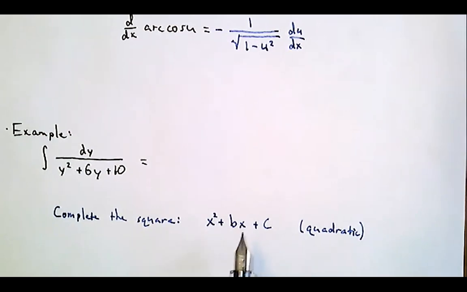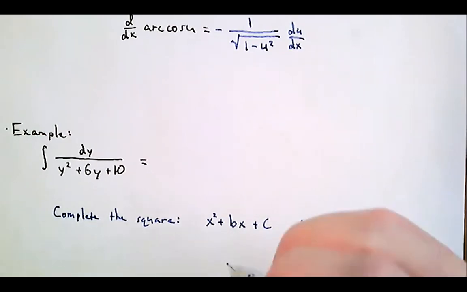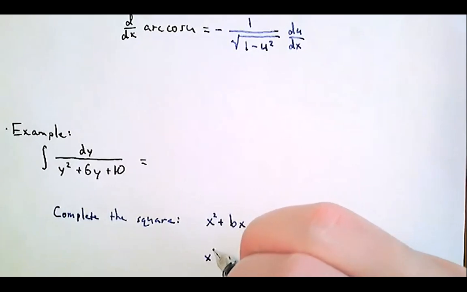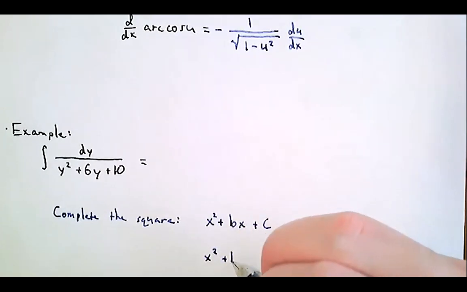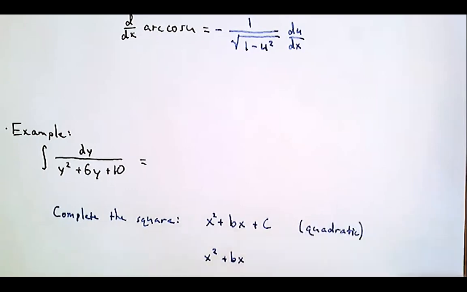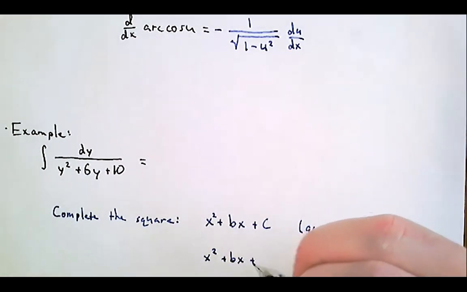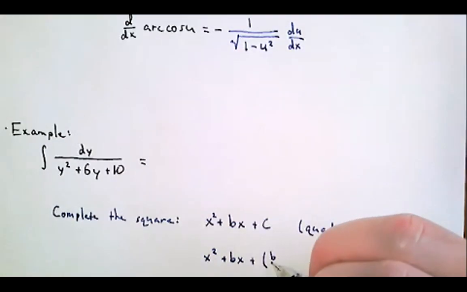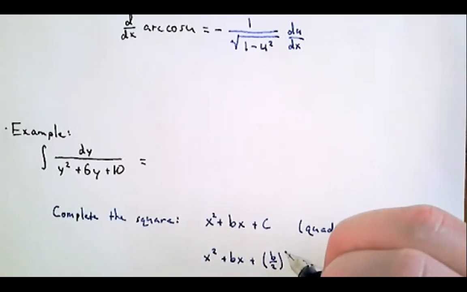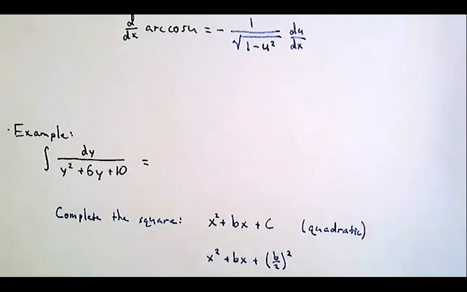And completing the square is a technique to help do that. So what you're going to do is take this number here, the coefficient on the x term, and, well, let me write some of it down. You're going to divide it in 2 and square it, like this.